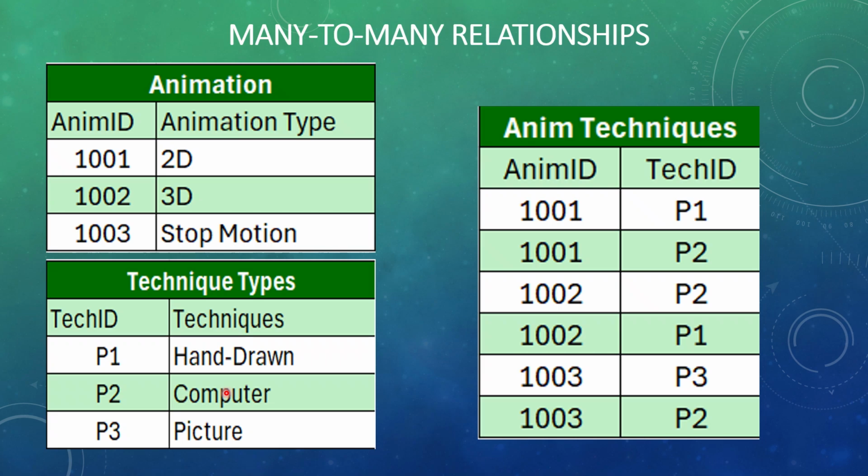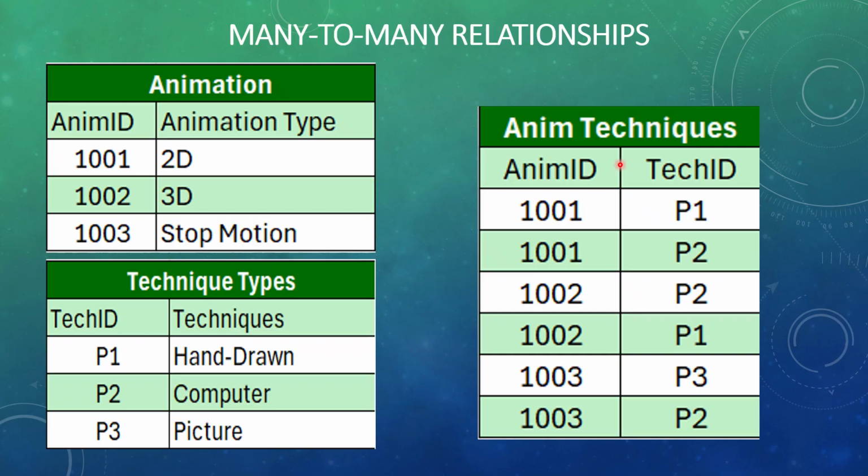You will often be able to identify these kinds of tables by their name. A common naming approach is a combination of the two tables, and for instance, in this case, anim techniques. This is where our two columns with unique constraints will go.